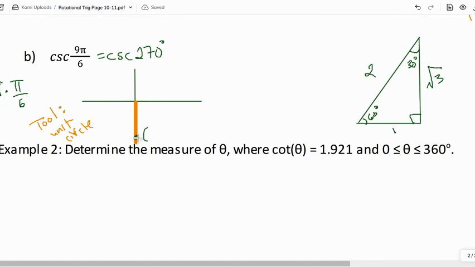What was the point here? 0, -1. And in the unit circle, what is r always equal to? 1. So x is 0, y is -1, r equals 1. I don't even have to look at my unit circle. I just remember to take a point on the terminal arm that has a length of 1.